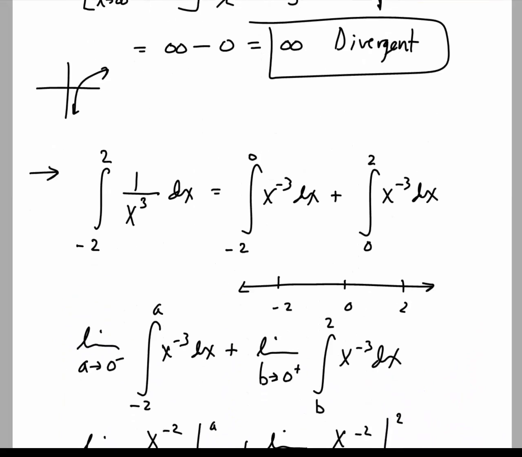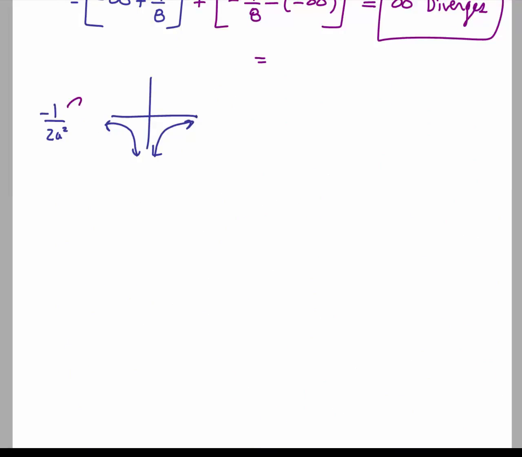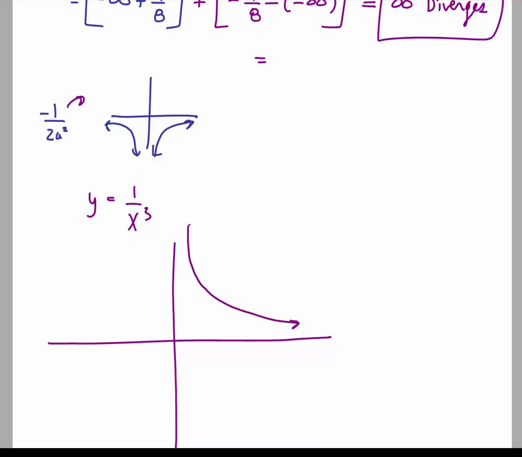So let's go ahead and look at our original graph, y equals 1 over x cubed from negative 2 to 2. So this is the graph of 1 over x cubed. Let's say negative 2 is right here, and positive 2 is over here.